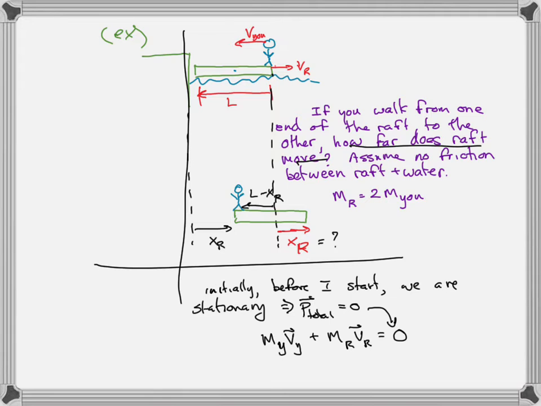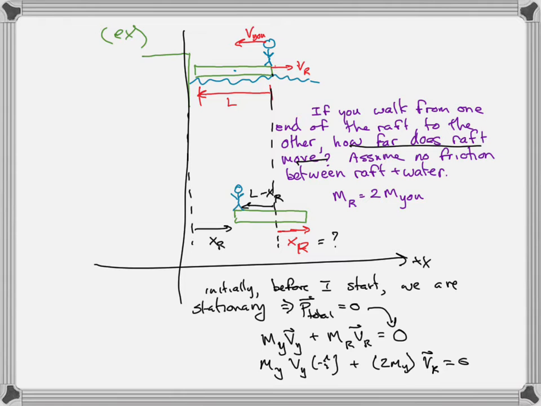And that's what this is going to give me. And then we can just say, okay, so mu times vu, which is vy in the minus j direction, minus x direction. We can just say that's in the minus x direction, if we already defined this as the plus x direction, plus m raft, which is 2mu times v raft, equals 0.